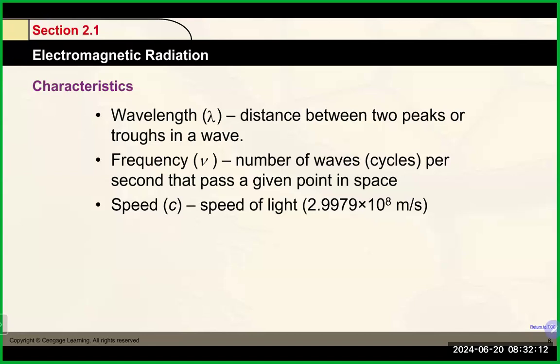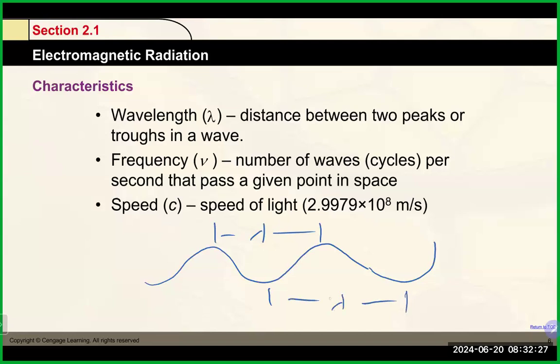The wavelength is the distance between two peaks or two troughs when we look at a wave, so really between these two, or it can even be between these two as well. Frequency is the number of waves or cycles that pass per second at a given point in space.